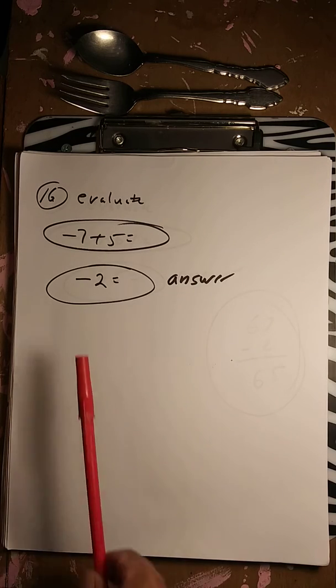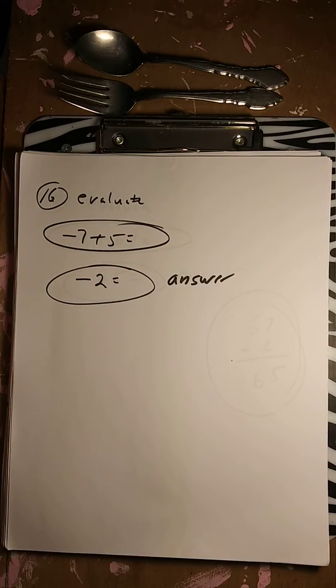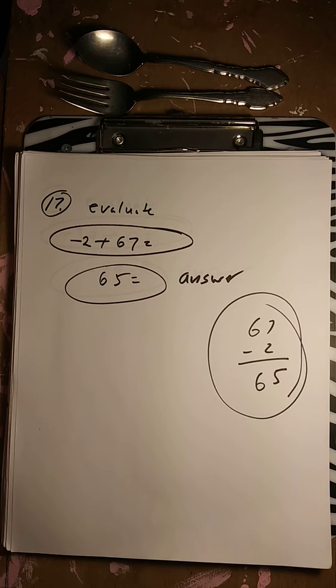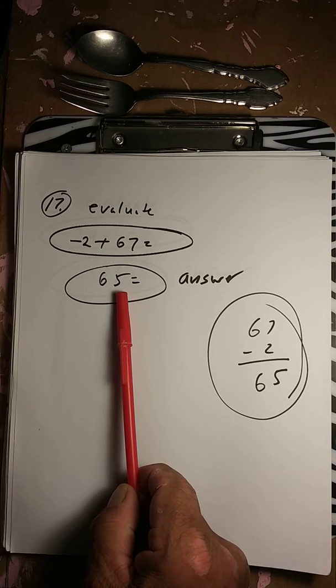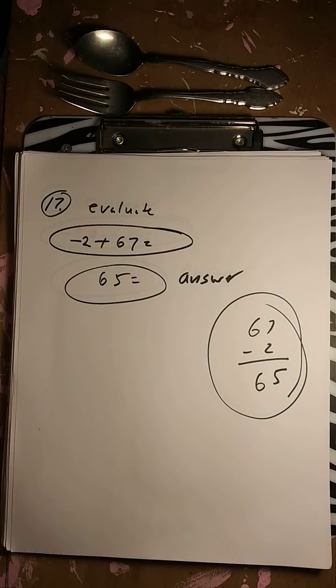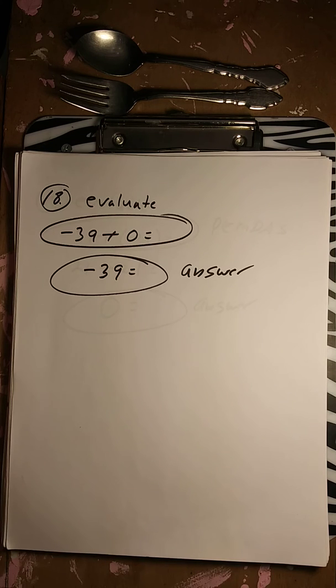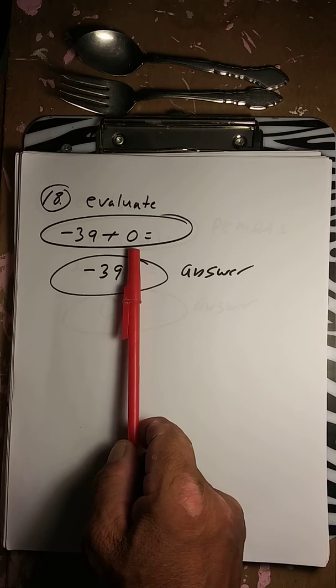Evaluate this. A negative 7 and a positive 5 is a negative 2. A negative 2 and a positive 67 is a positive 65. Evaluate this. A negative 39 plus 0 is still going to be what?